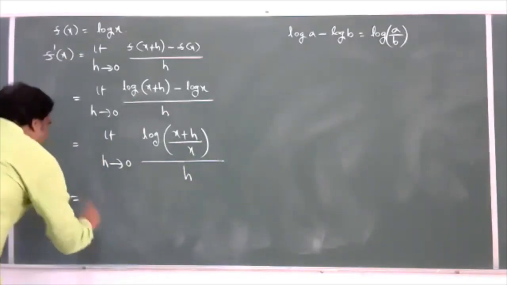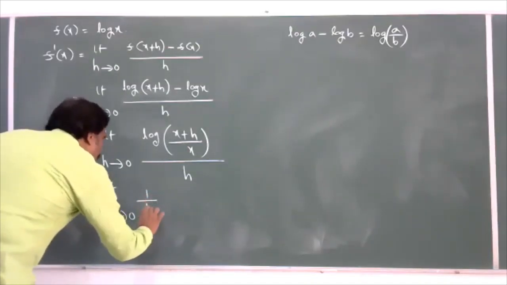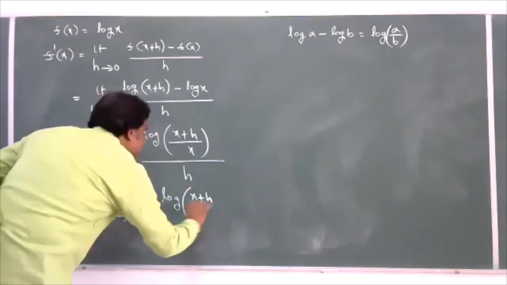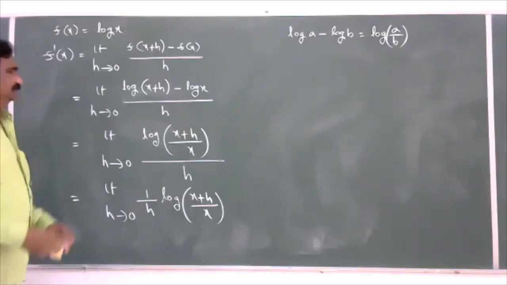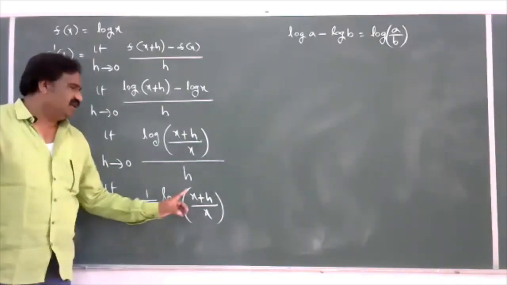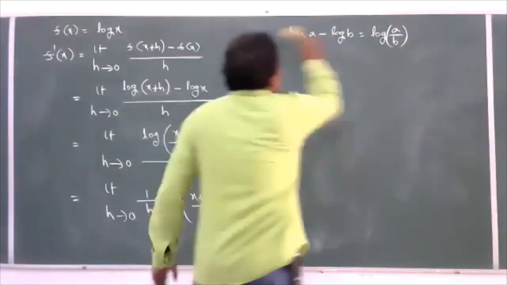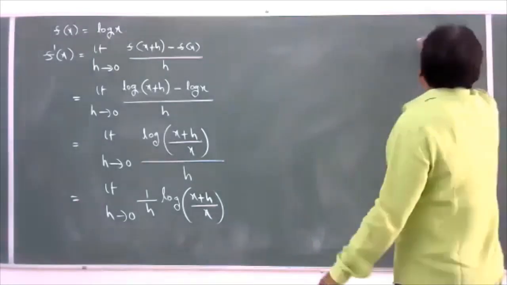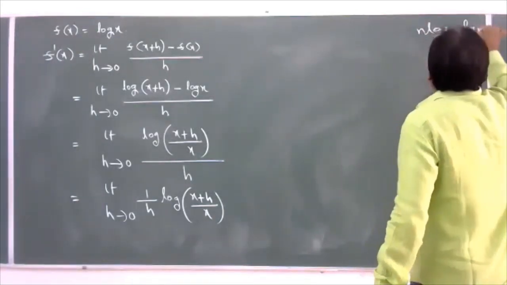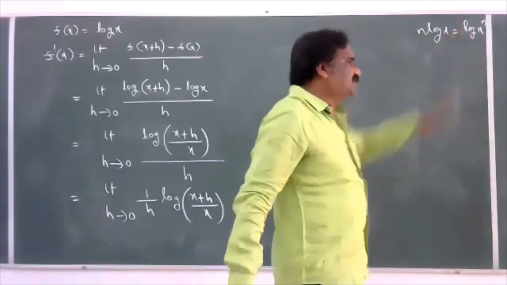So this can be limit h tends to 0, 1 by h into log of x plus h by x. You remember the formula in logarithms, n log x is log x power n.